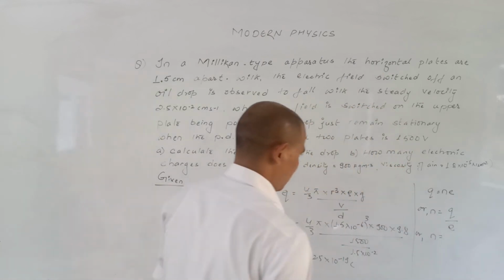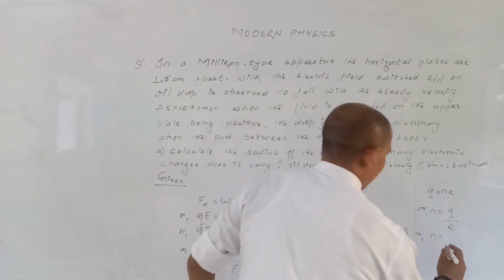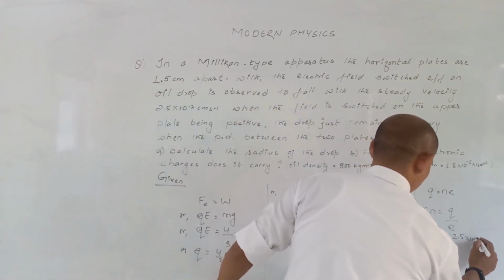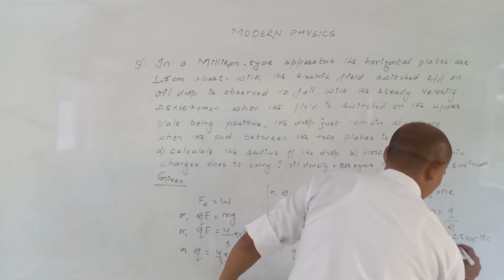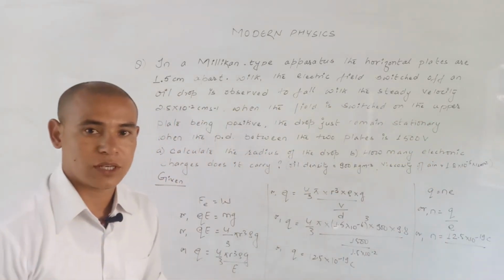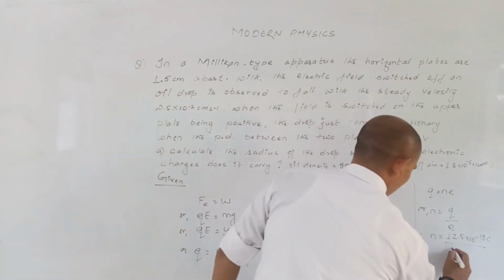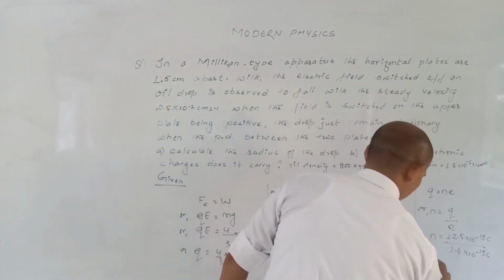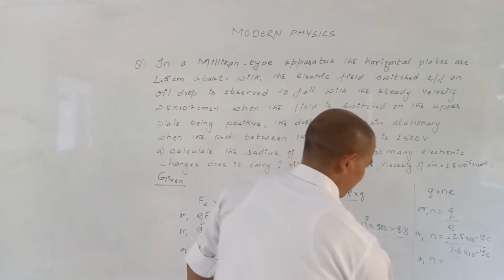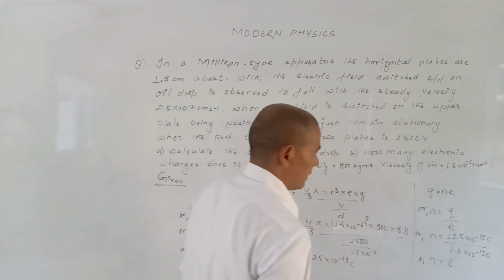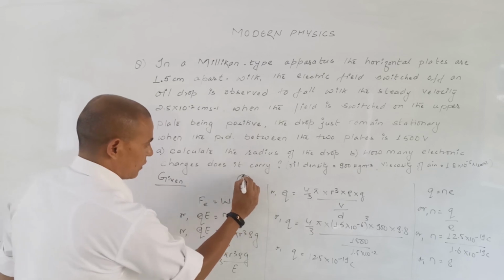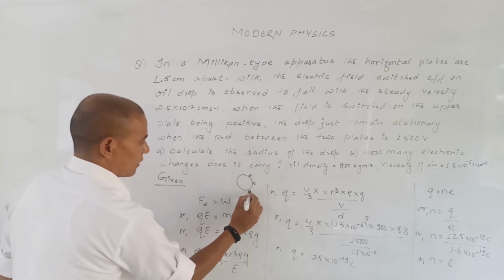In place of Q we can write 12.5 into 10 to the power minus 19 coulomb divided by, as we know, the charge of an electron, 1.6 into 10 to the power minus 19 coulomb. If we divide this, N will be 8. So that means in one oil drop there are 8 electrons.